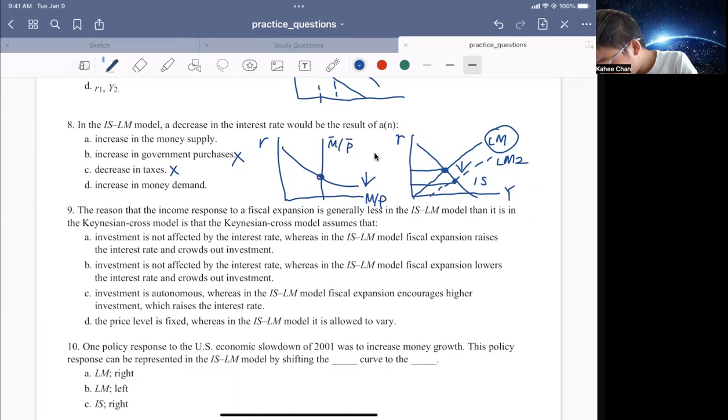Here should be a higher point, and here should be a lower point. So the money supply must be increased in order to make the interest rate go down, and then make the LM curve go down, with an increase of Y.